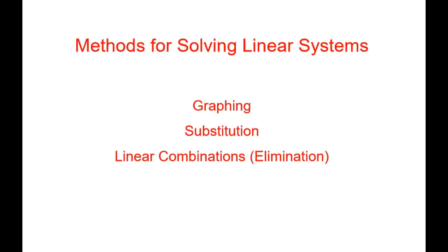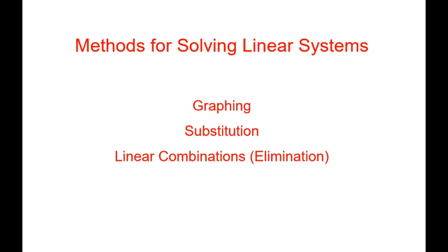We're going to discuss and go through three different methods that we can use to solve linear systems in this lesson. The first one is going to be graphing. If we have two linear equations, we graph both equations on the same coordinate plane and try to find out where they intersect, if they do. The second one is going to be substitution.